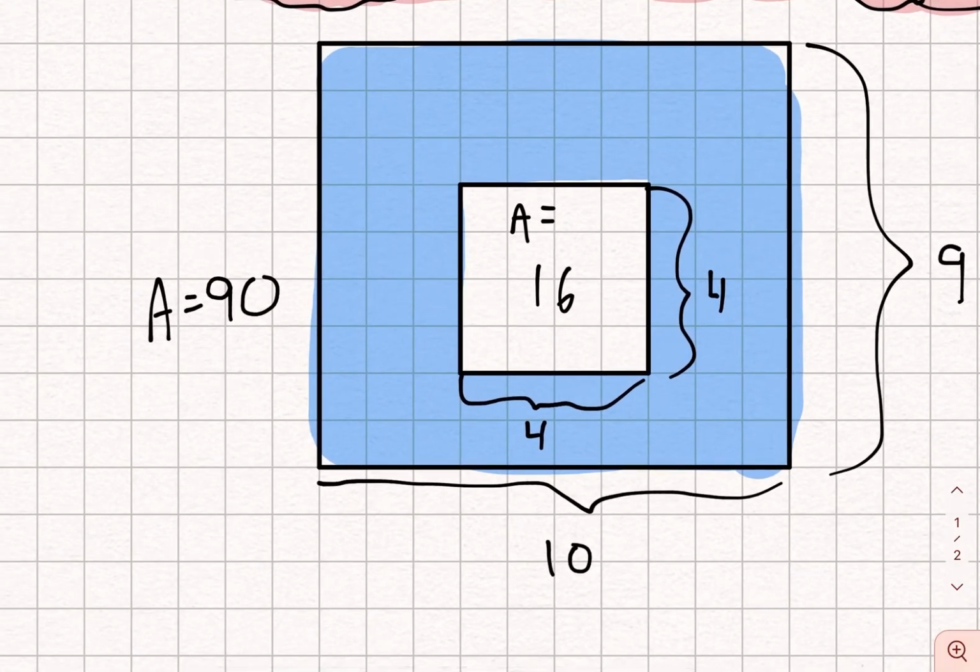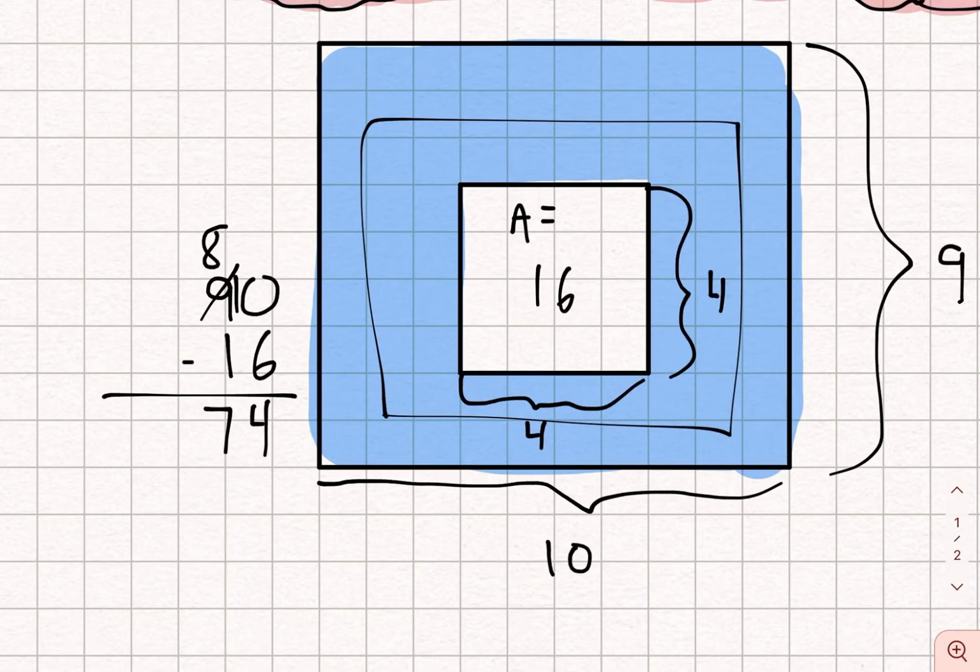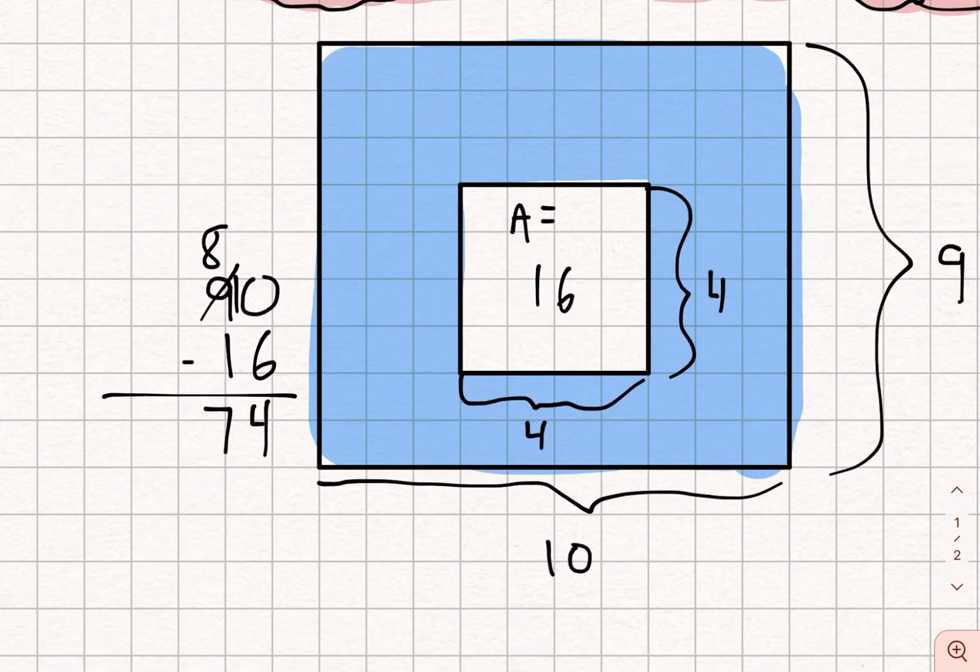We're subtracting 16, that small rectangle, from 90, the bigger rectangle. Let's give that a try. What is 90 minus 16? Well, let's see here. Got to exchange here. And 6 taken from 10 is 4. 8 minus 1 is 7. So the answer, the number of squares in this blue area here, is 74.